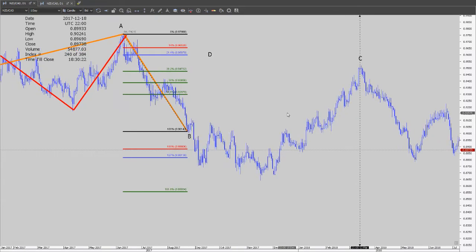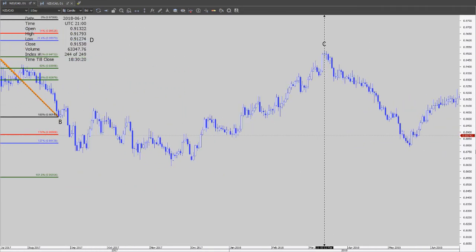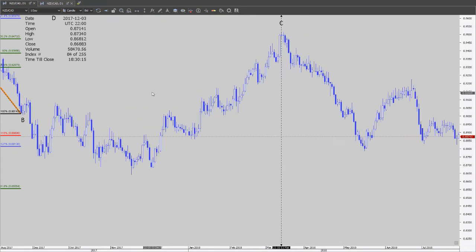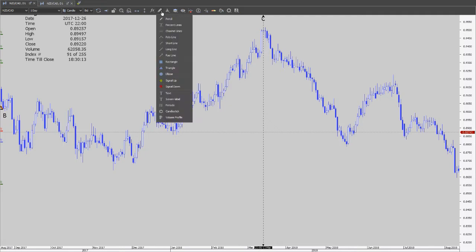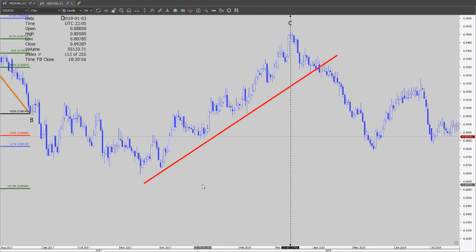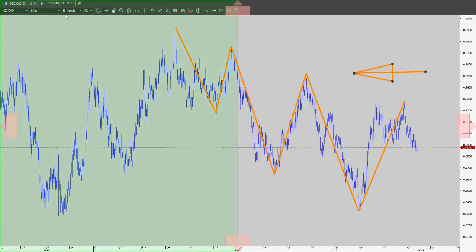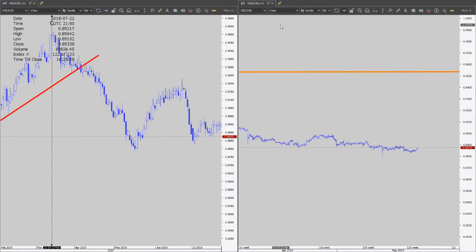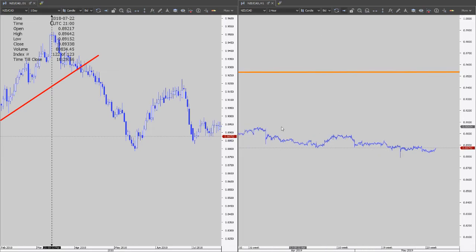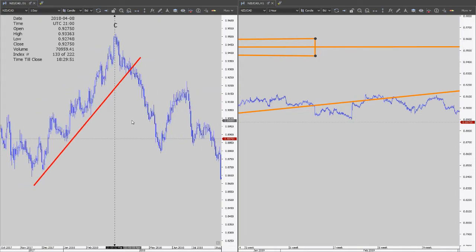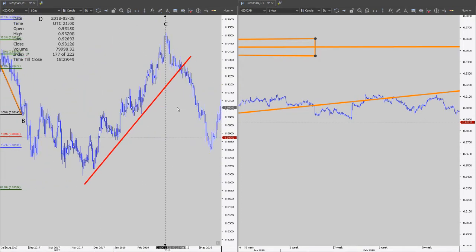So this is the downtrend, and this uptrend, everybody, is from December 2017, right? Let's go on the 1 hour chart. Okay.